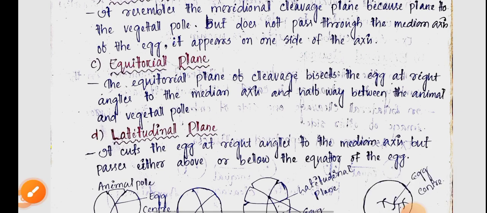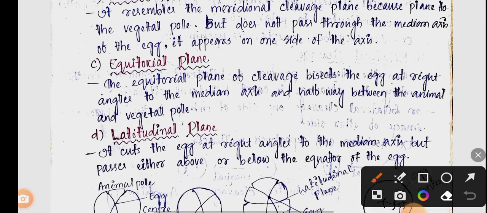The equatorial plane of cleavage bisects the egg at right angles to the median axis and halfway between the animal and vegetal poles. It bisects the egg at right angles to the median axis, halfway between animal and vegetal poles. It is called the equatorial plane.